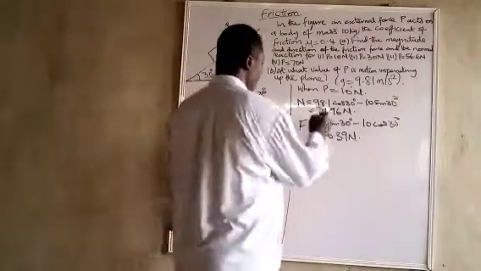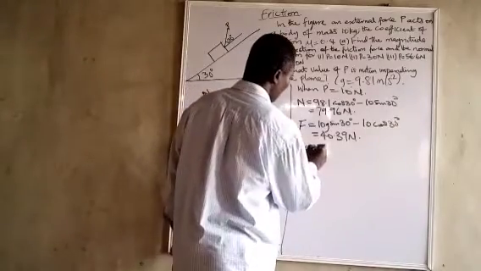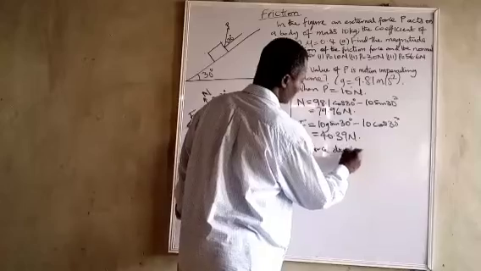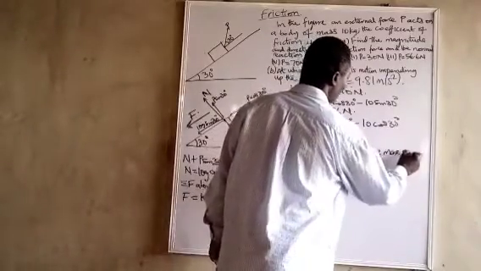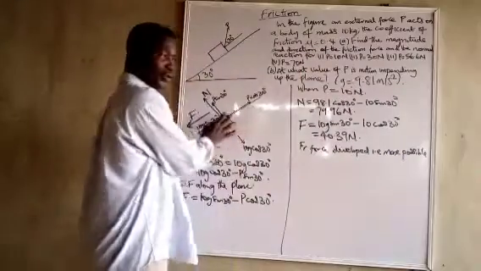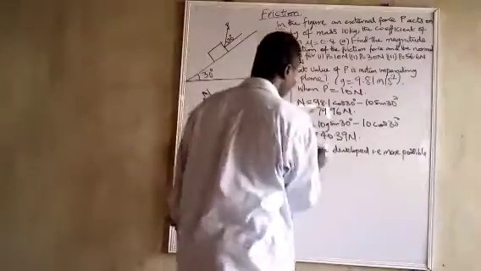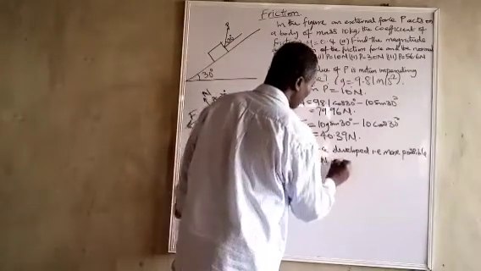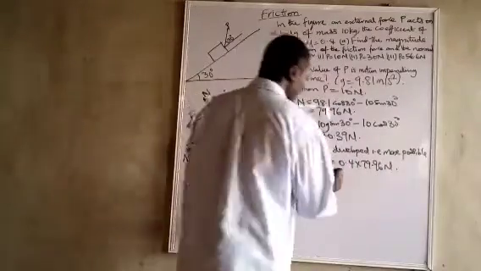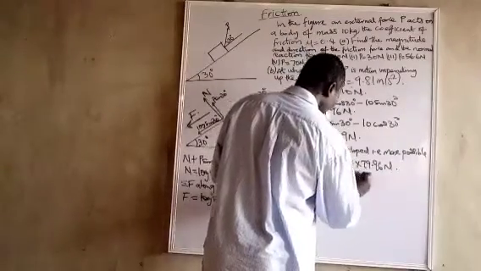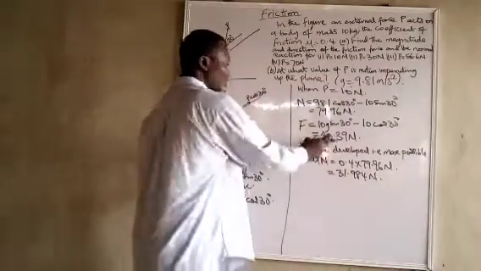The frictional force will counter the resultant force. The maximum possible frictional force that the surface can generate due to this arrangement is going to be mu n, which is 0.4 times 79.96 Newton, and this will be equal to 31.984 Newton. So this will act against the force that is developed.